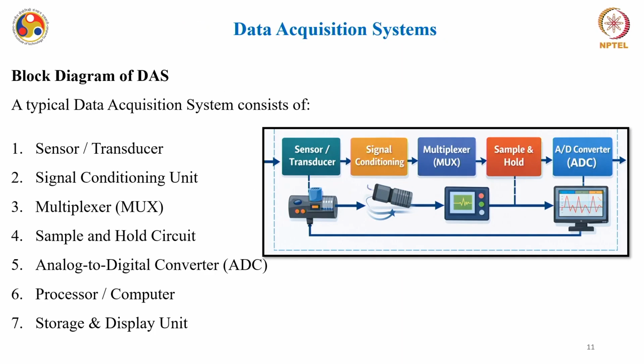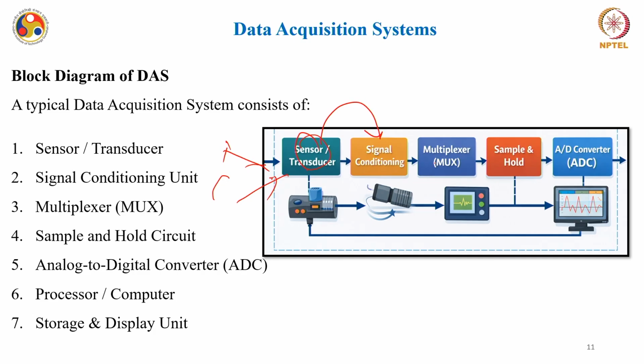So, if I summarize this DAC system or DAS system, it will look something like this. It will have a sensor or transducer at the first stage, where it will collect the physical parameters, or where it will first interact with the real world. Once the data is collected over here, the signal conditioning unit will be fed with the data for further conditioning of the signal.